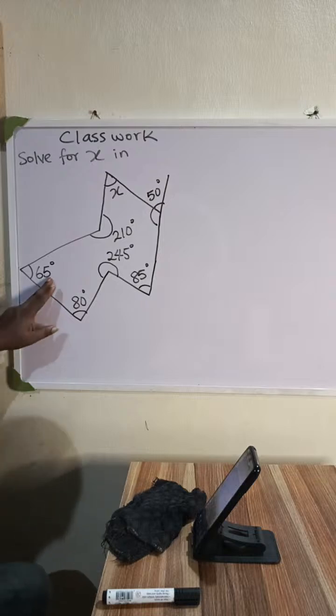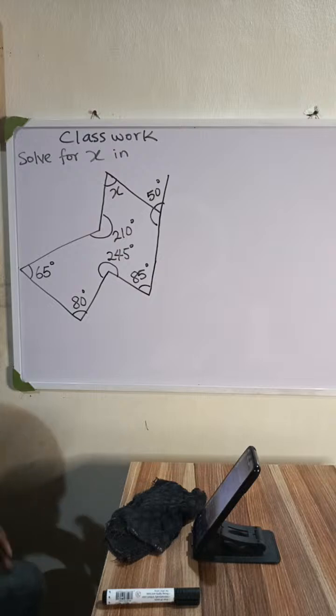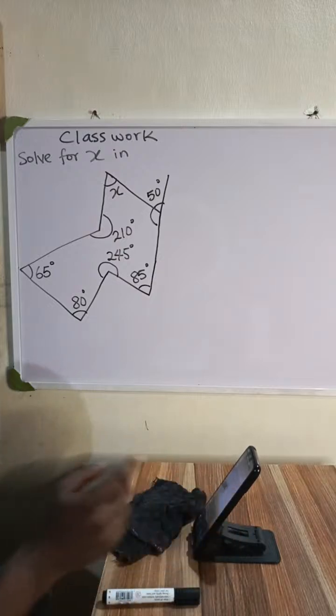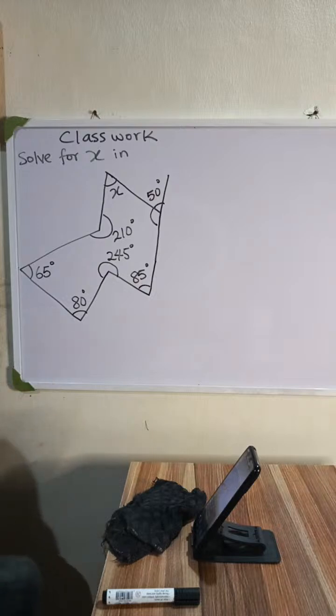But you have 5, 5, 5, so I don't think you can have 40 degrees. 85 degrees, Richmond. Okay.